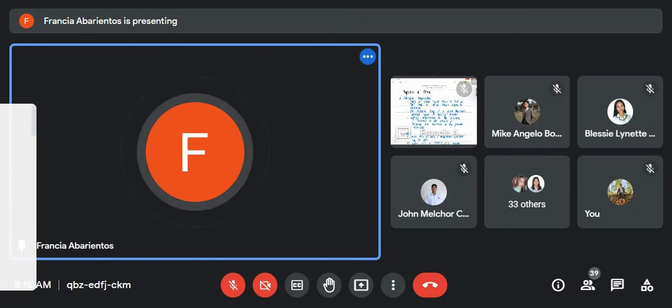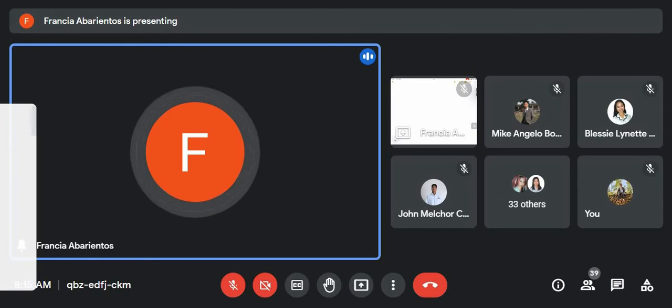So, sa pressure natin, class, in the steam table, sulat ko lang para makita ng lahat. Yun sa steam table natin na pinakita ko, you have your steam table with you.